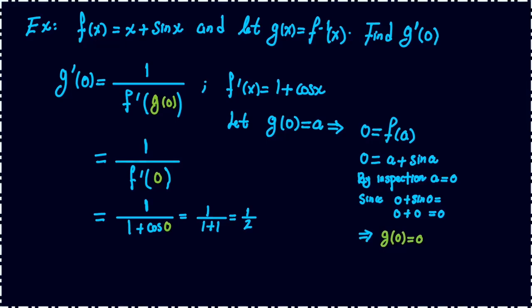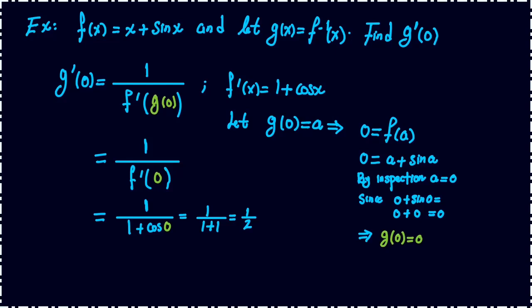Okay. So what does that mean? Here we have a function that has an inverse, but we don't know what the inverse function is. If we knew what the inverse function was, we could have taken the derivative of it and plugged in 0.